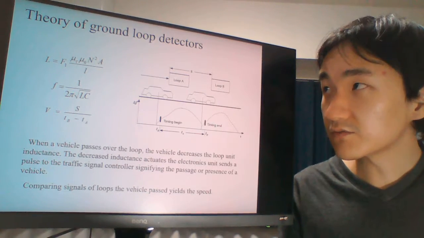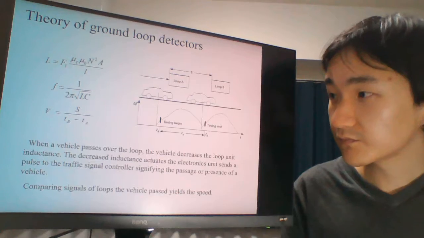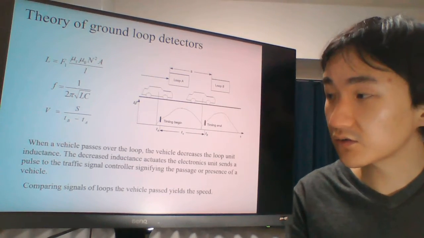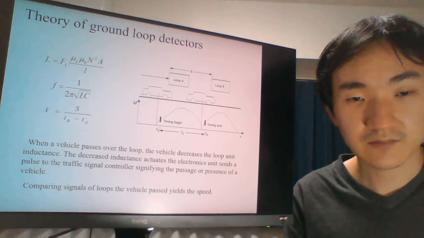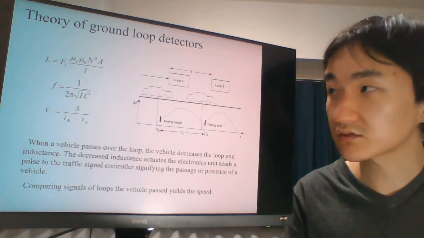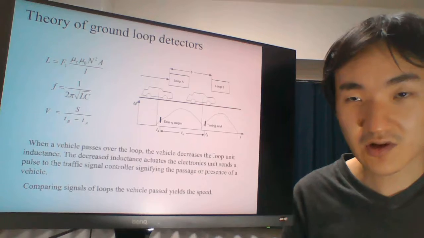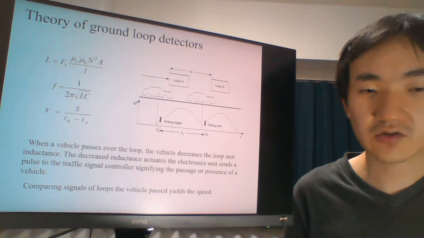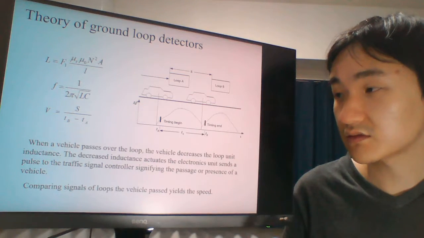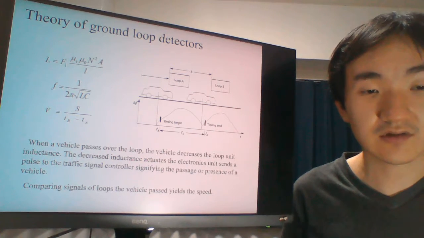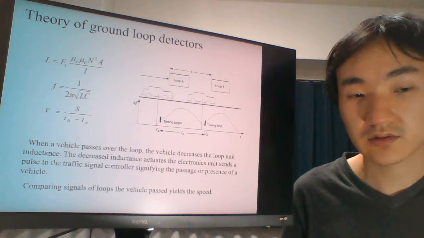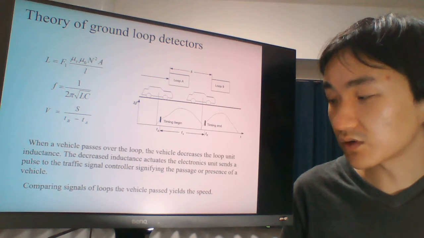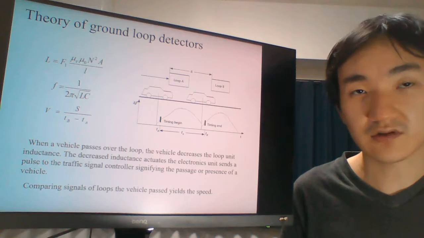In the theory of the ground loop detectors, when a vehicle passes over the loop, the vehicle decreases the loop unit inductance. The decreased inductance actuates the electronic unit, which sends a pulse to the traffic signal controller, signifying the passage or the presence of the vehicle.